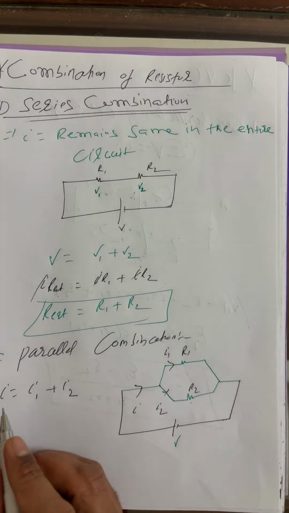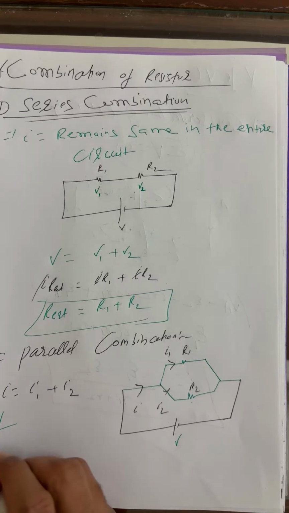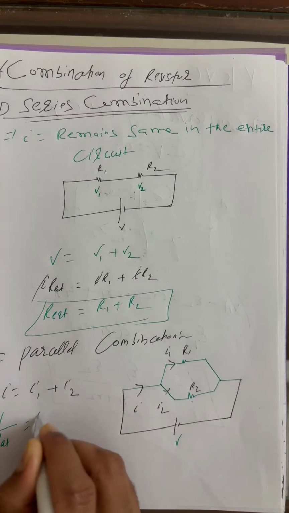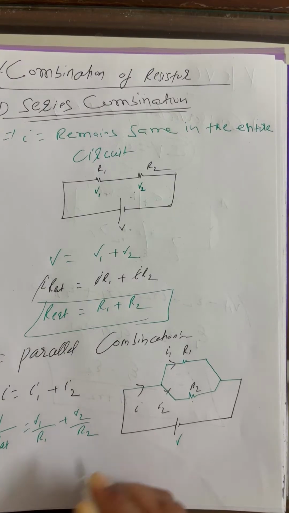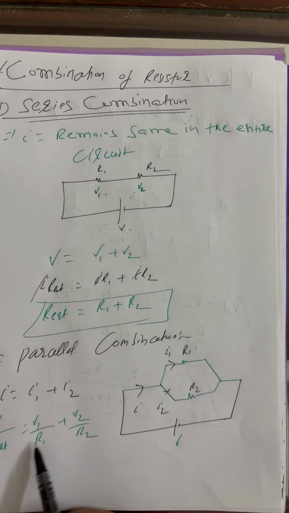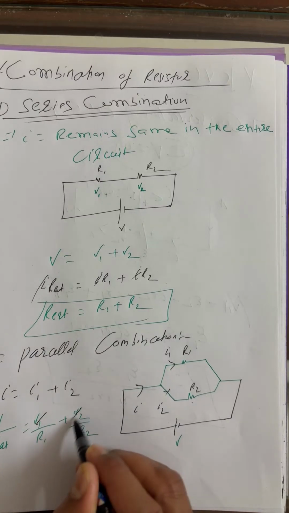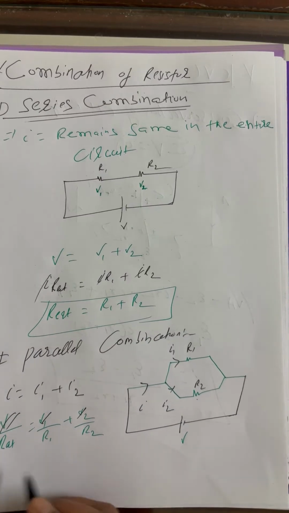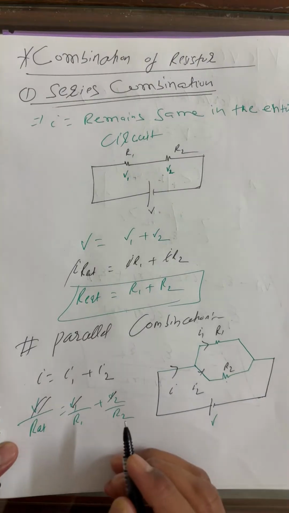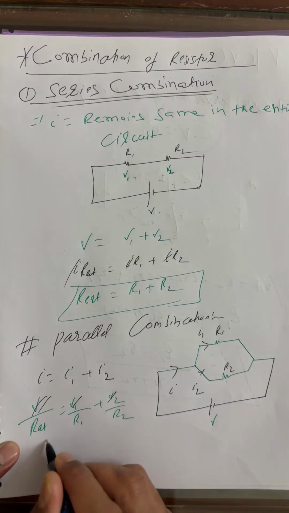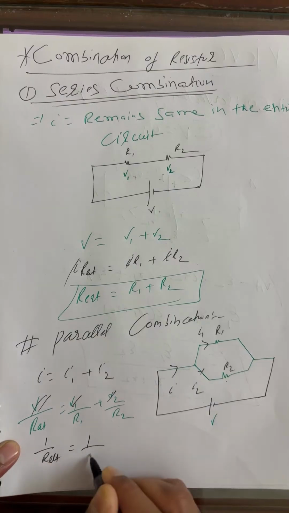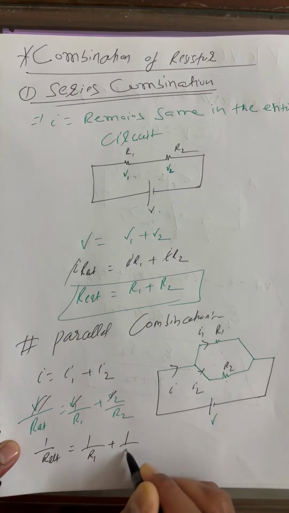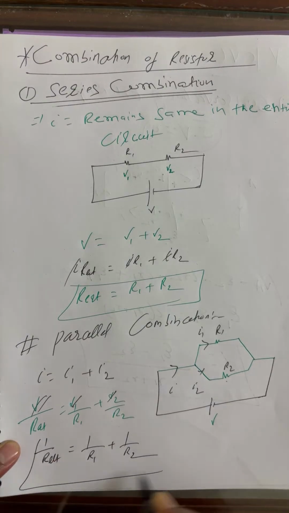So you can write V upon R equivalent equals V1 upon R1 plus V2 upon R2. But V1 and V2 remain the same, which is V only, so cancel it. Finally you can write 1 upon R equivalent equals 1 upon R1 plus 1 upon R2.